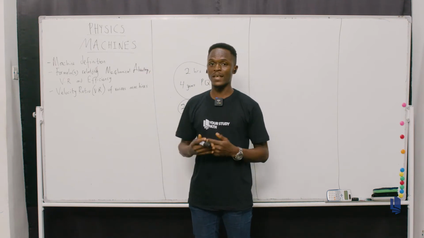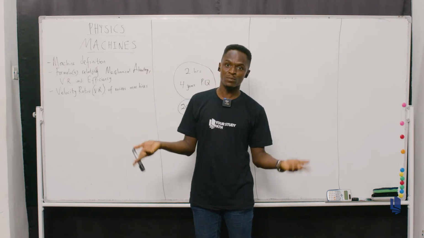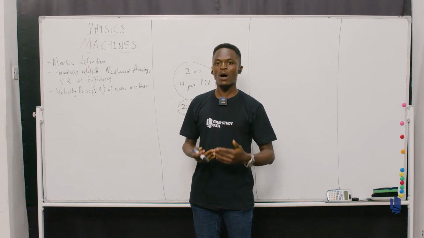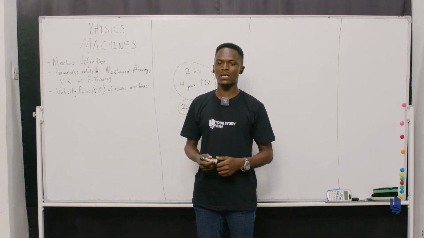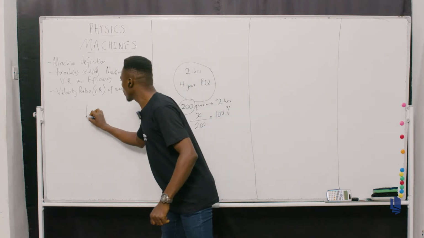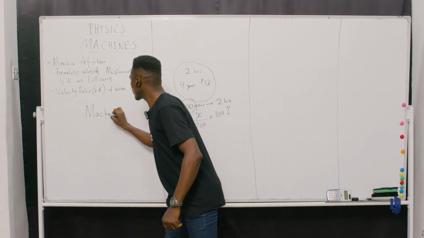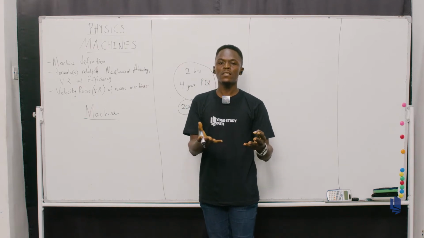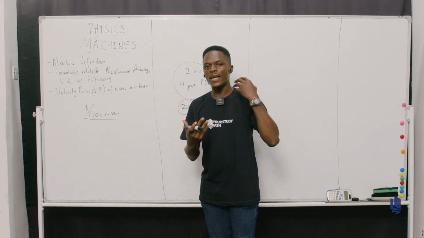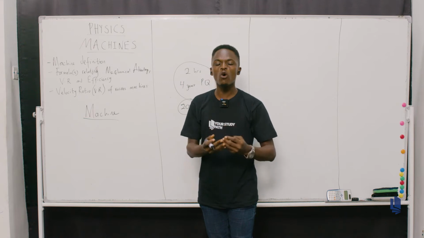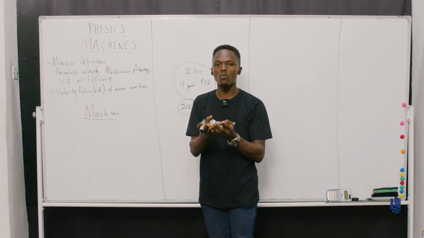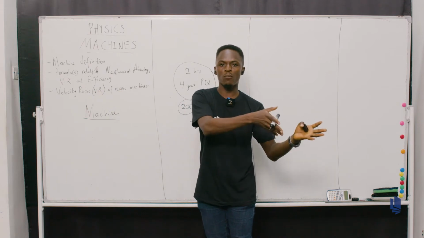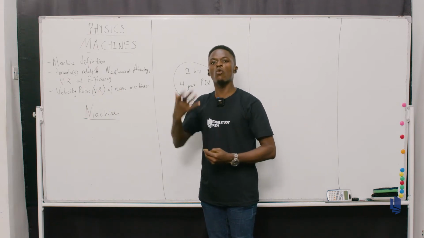The definition, like I said, is not that important. You won't see it inside your past questions. Go check it out. But at least for a start, you should know what exactly a machine is. So we say, what are machines? A machine is simply any device in which a force applied is used to overcome what?